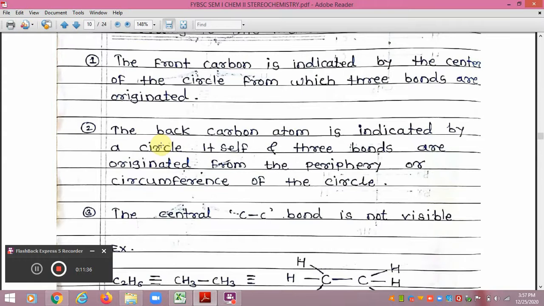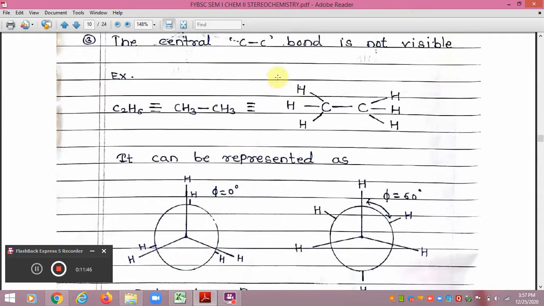How that is done, I will show you later on. While the back carbon atom is indicated by the circle itself, and its bonds originate from the periphery of the circle. Suppose this is the example. This molecule has two carbons, carbon 1 and carbon 2, and in this Newman projection formula, the molecule is observed in such a way that one carbon is present behind the other, the front carbon and the back carbon.